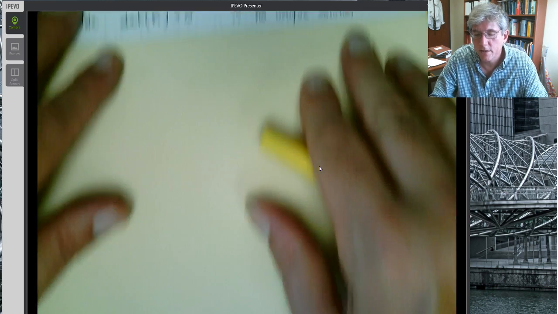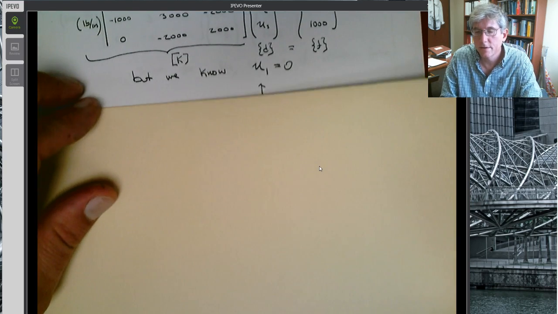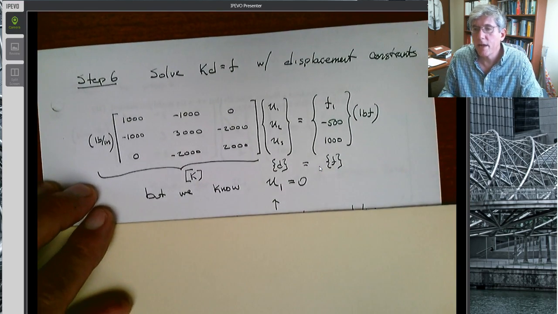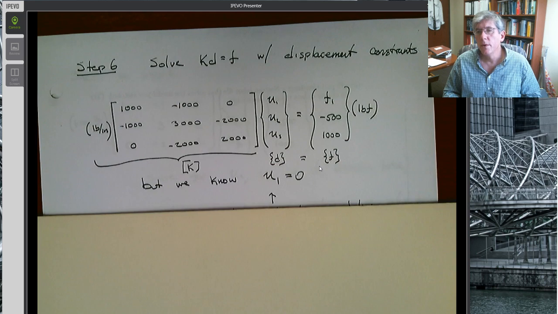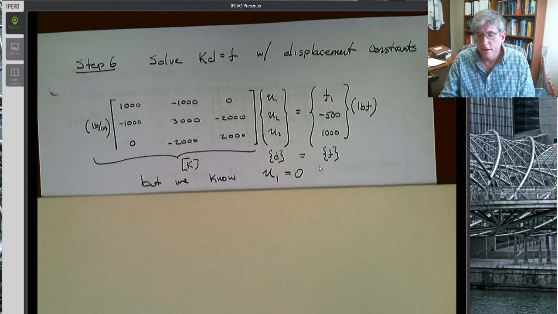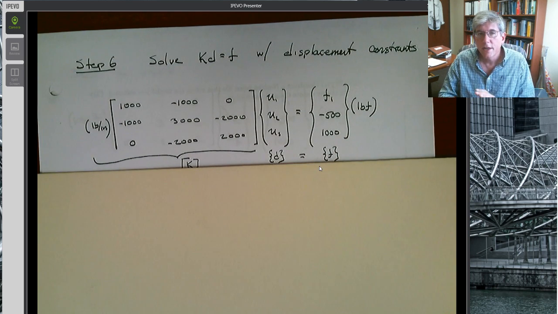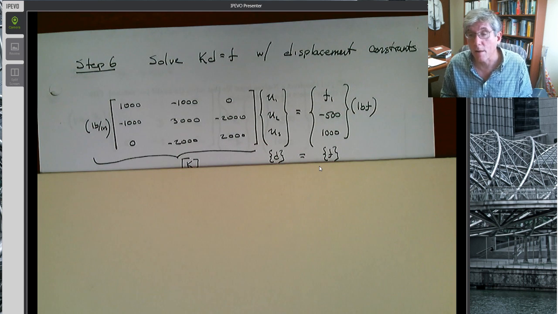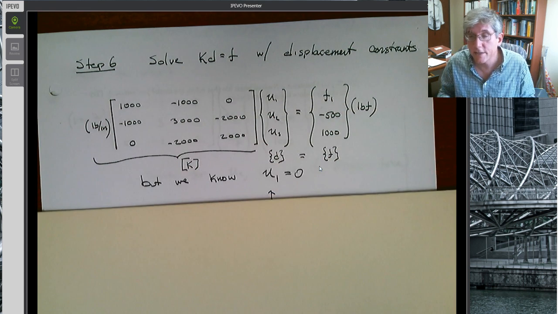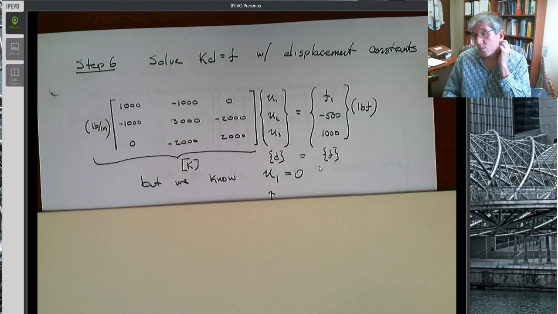So when I go back up to this, the problem here is, when I look at this system of equations, it doesn't say anything about how the spring is fixed. It doesn't tell me that the left endpoint of this spring problem is fixed, okay? I need to somehow solve this respecting the fact that U1 is equal to 0.